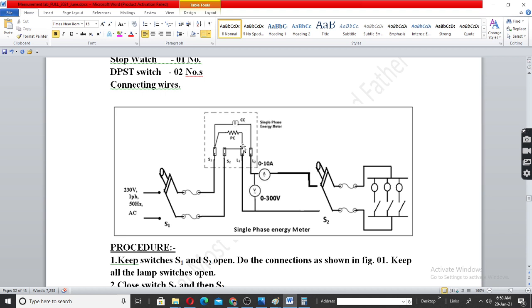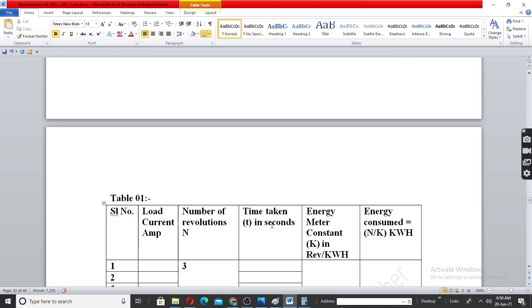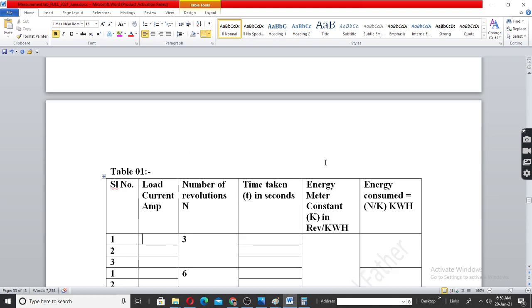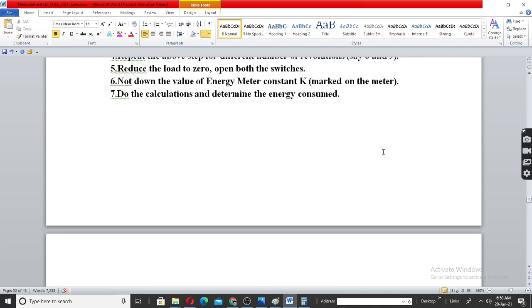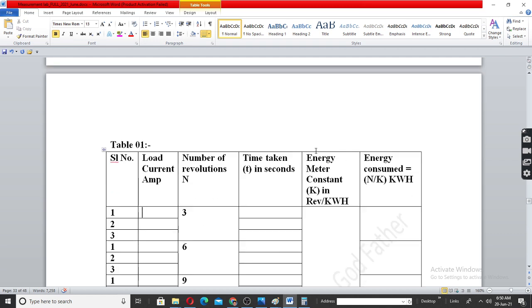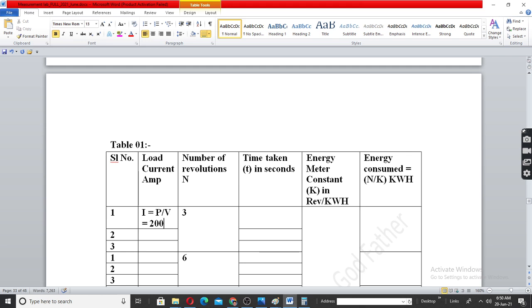Now, as usual, the current coil is shown with one or two turns. The potential coil is indicated as high resistance. Let us say you have switched on three lamps. In our laboratory, each lamp is 200 watts. So each will take around 0.8 or 0.9 amperes, because I is equal to P by V, which is 200 watts by 230 volts.